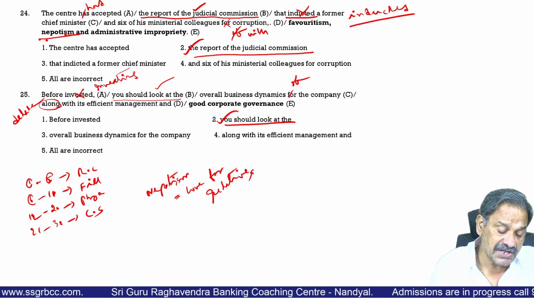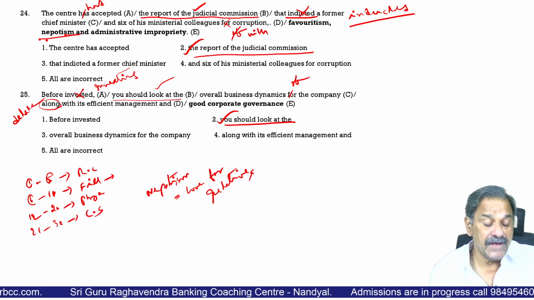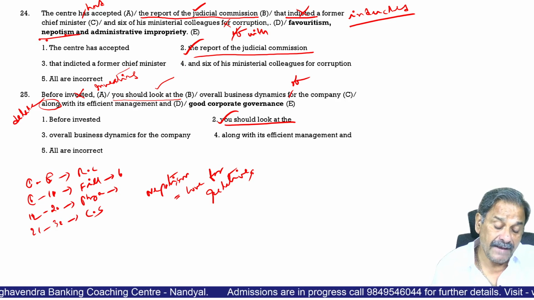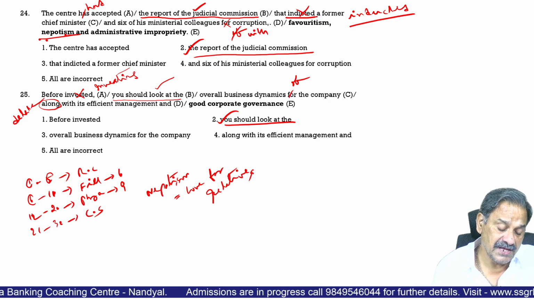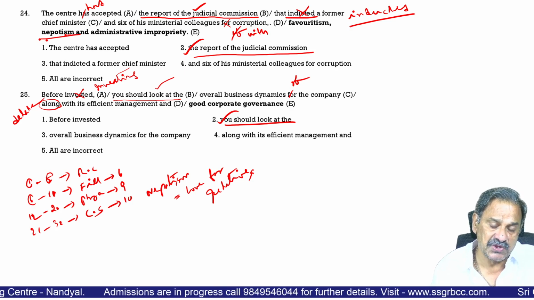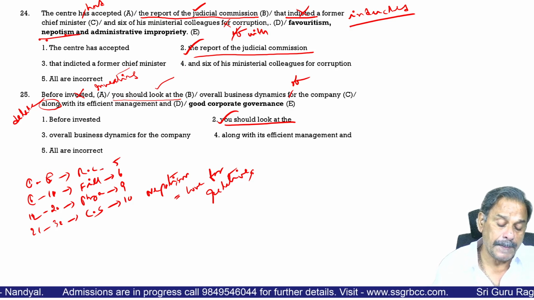In fill in the blanks you are given 6 blanks, and in 12 to 20 you are given 9 phrases. Correction of sentences 10, 10 plus 9, 19, 19 plus 6, 25, and 5 RC.